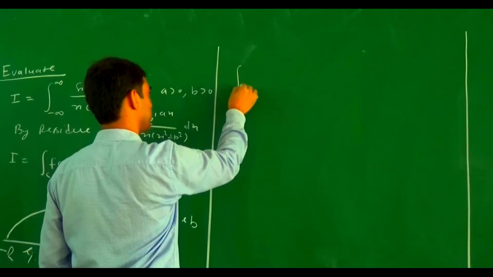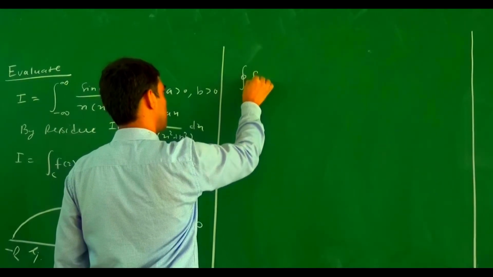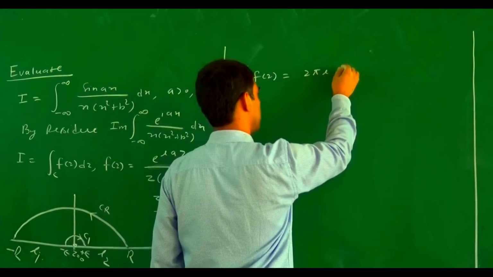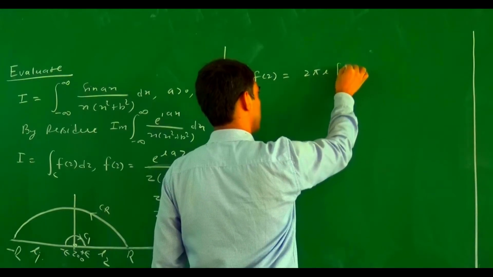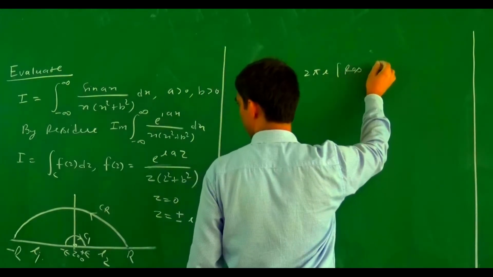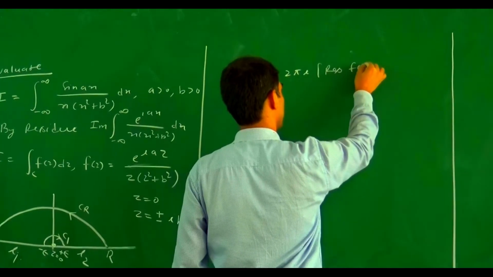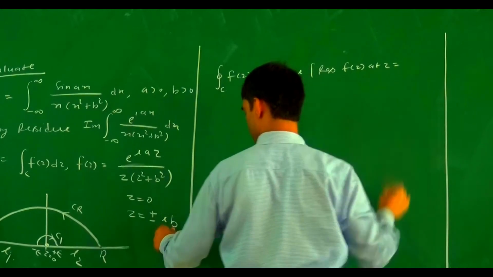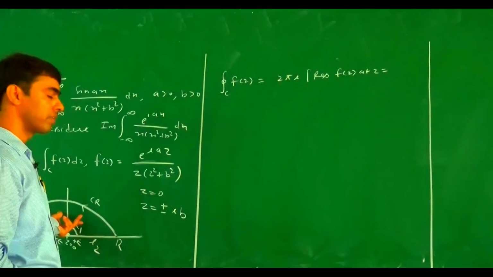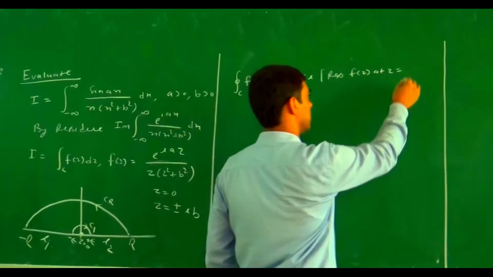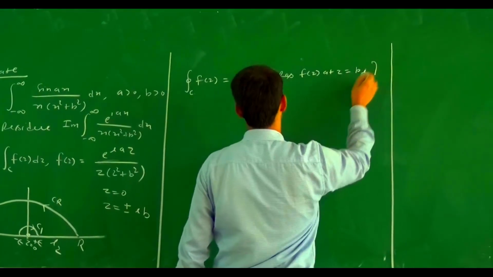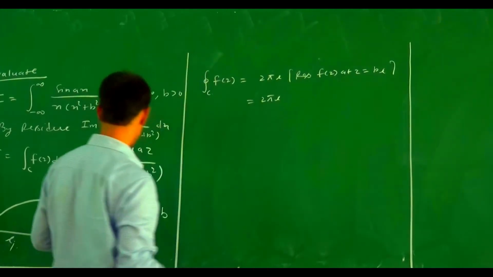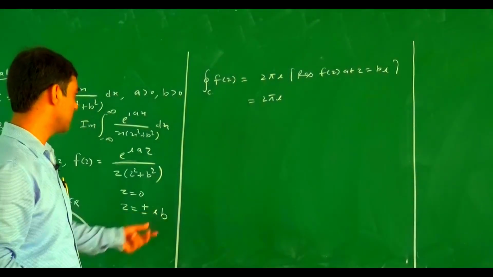Integrate over C fz dz becomes 2 pi I residue of fz at z equal bi, because this one lies inside. This is a pole of order 1.